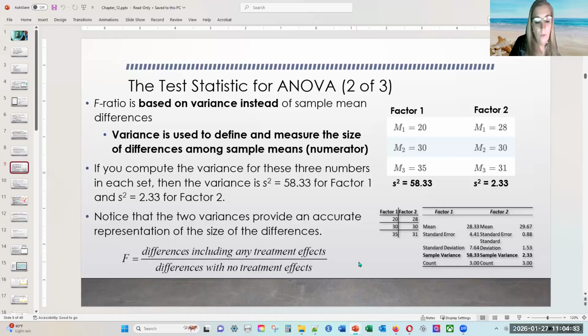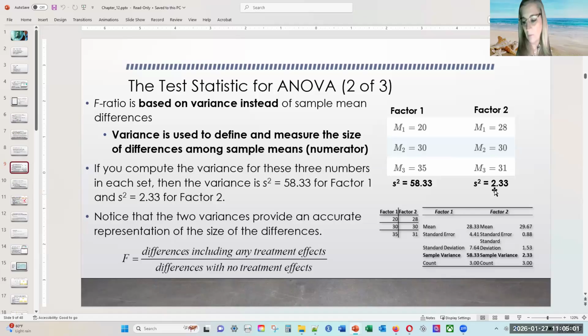All right, so you notice that the two variances provide an accurate representation of the size of the differences. If I have 2 factors and I take the means from each group and calculate the variance among these means, you can see for factor 1 that it's 58.33.